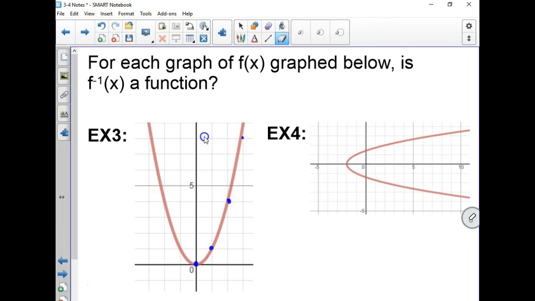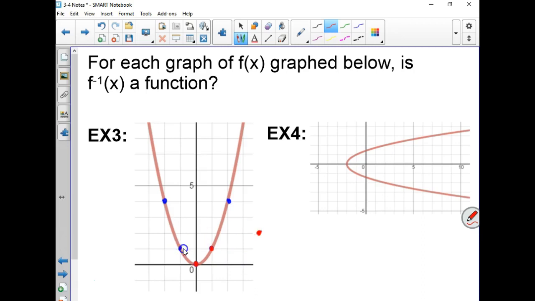If we took these points and we reflected them over the line y equals x, that would mean we'd switch our x and y coordinates, right? So 0, 0 would stay where it's at. 1, 1 would stay where it's at. But 2, 4 would be 4, 2, which would be about right here.